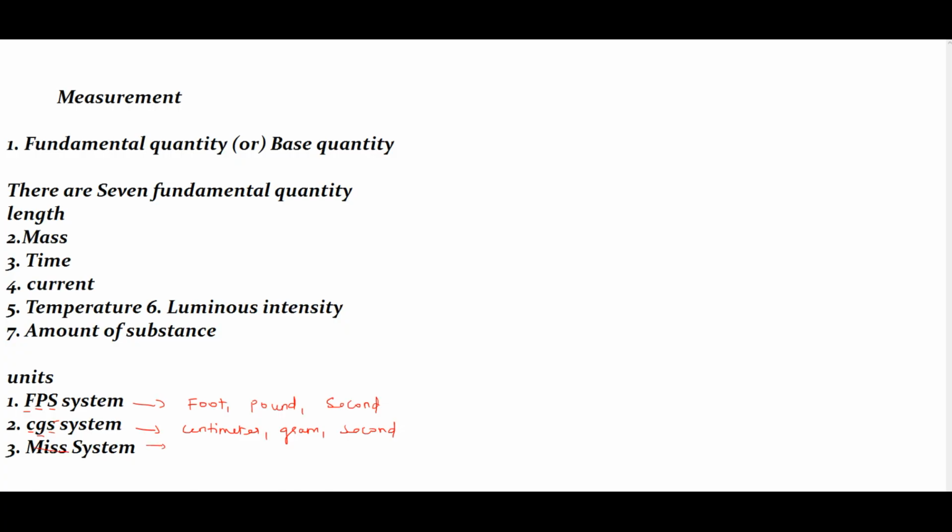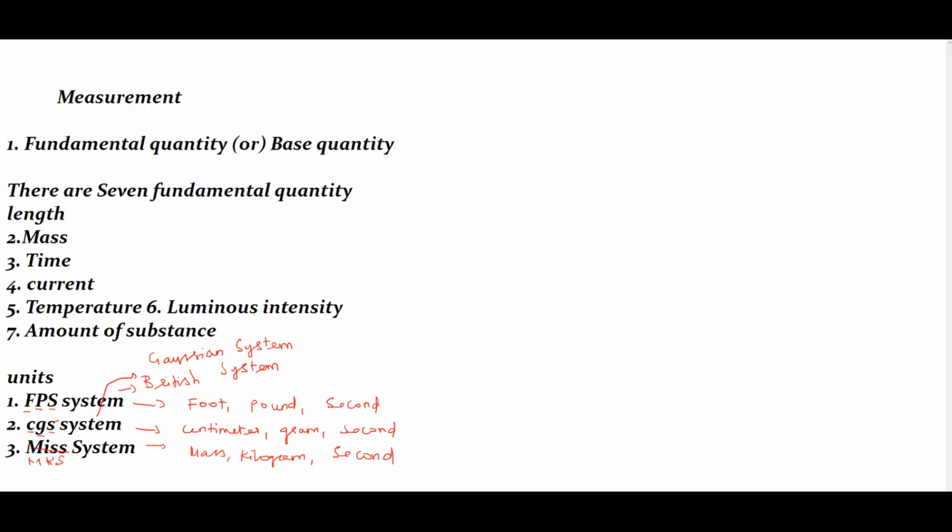Here MKS: M means meter, K means kilogram, S means seconds. The FPS system is the British system, and CGS is the Gaussian system.